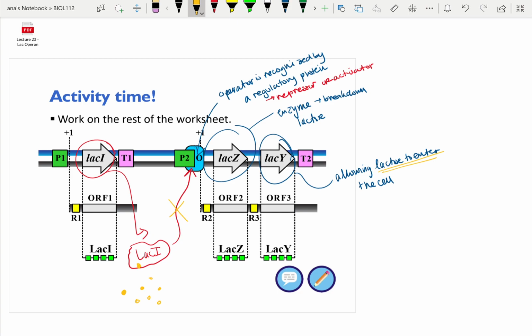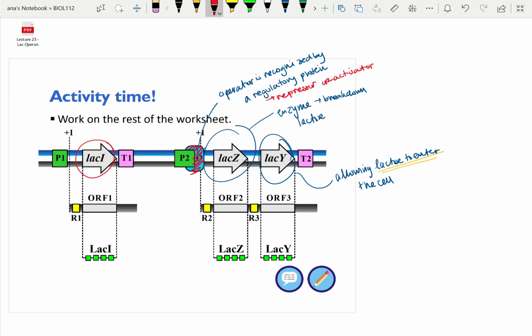So we can think of a couple of things that might occur. The first being, what if we mutate the operator? Let's do this in red. So if I remove the operator, so there's some mutation in the operator that makes it so nothing can bind to it, so it's just not functional anymore, we can ask ourselves what would happen in this case.